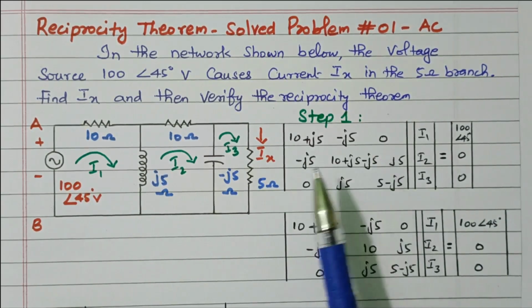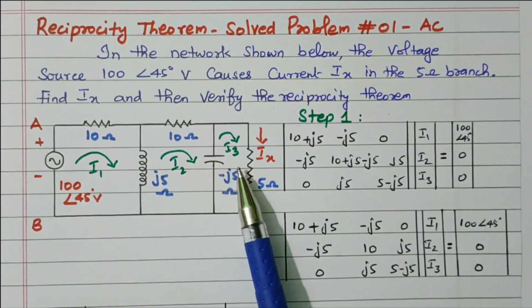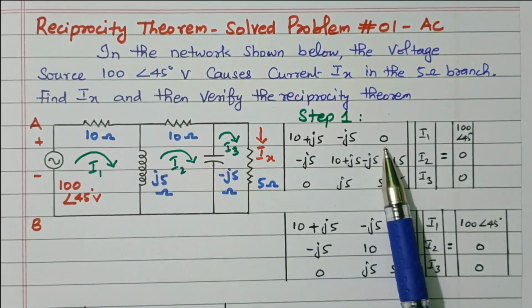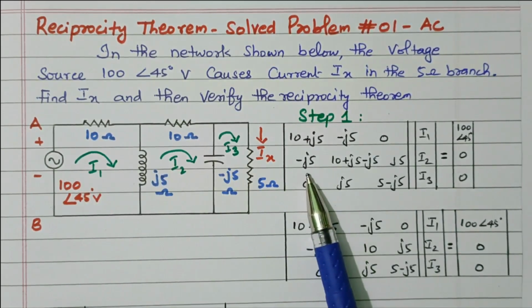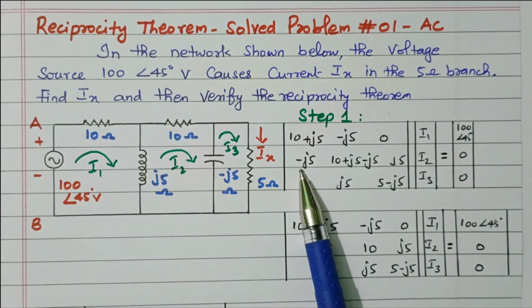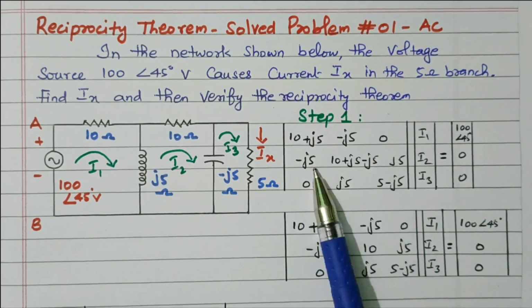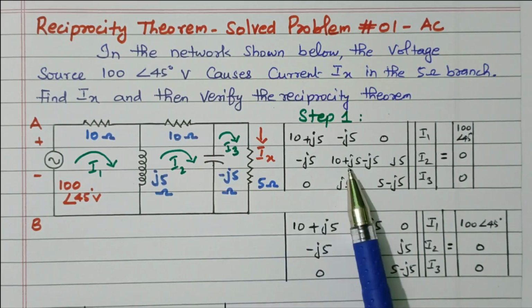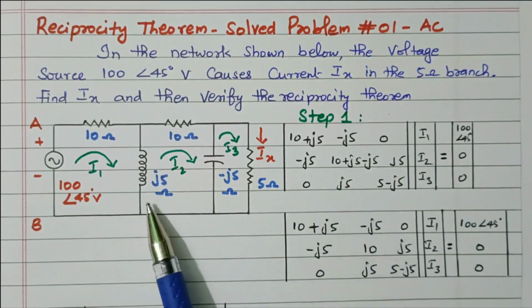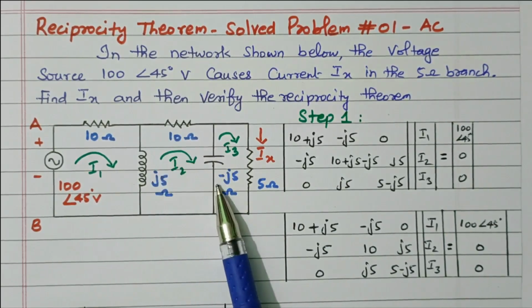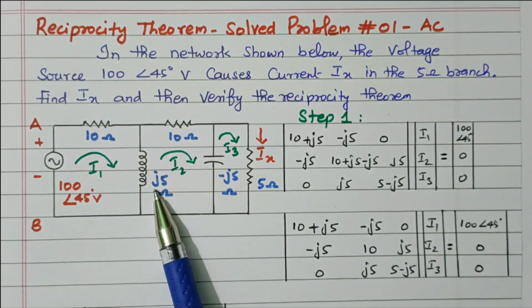Then R13, between loop 1 and loop 3, there is no contact, so it is 0. Then R21, between second loop and first loop, is minus j5. Other than the diagonal, all elements are negative. Then R22, the impedance in the second loop, is 10 ohm minus j5 plus j5.